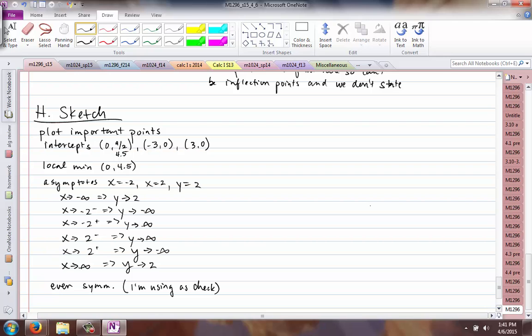and plot points in that and actually start working on this graph. So I got to have the points (0, 4.5), (-3, 0), and (3, 0). So the x's go from -3 to 3, and then the y's are 0 and a little bit bigger than 0, 4.5. So a good way to start my graph will be pretty much centered.